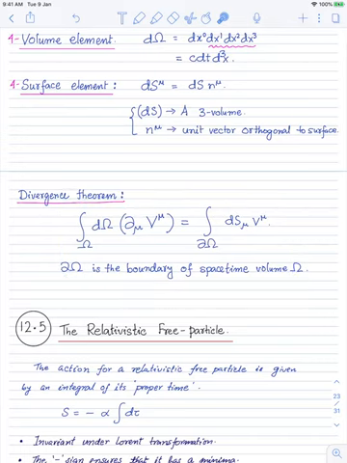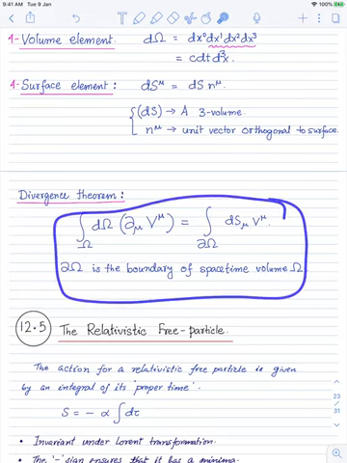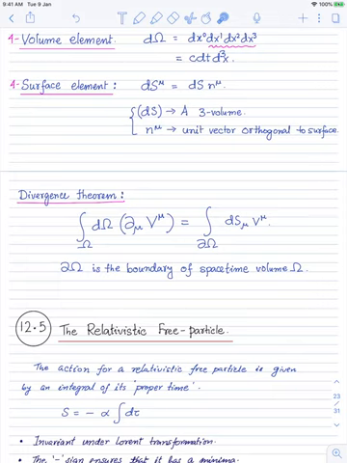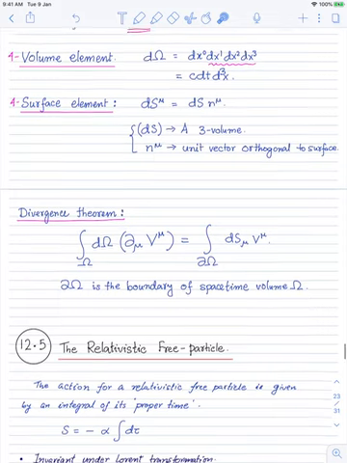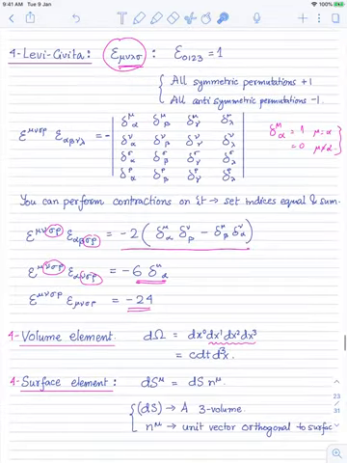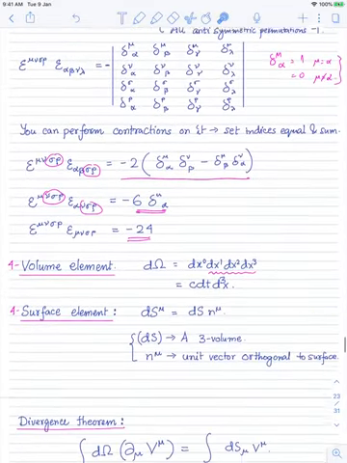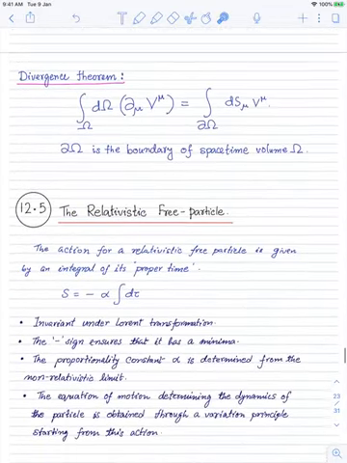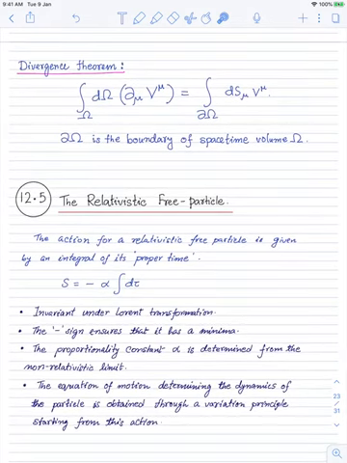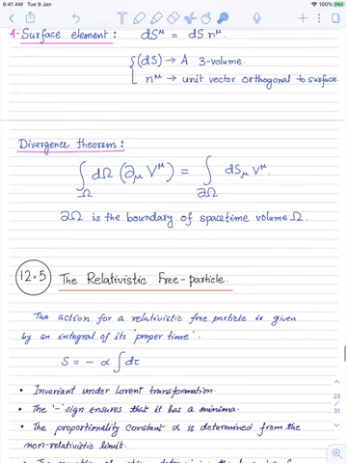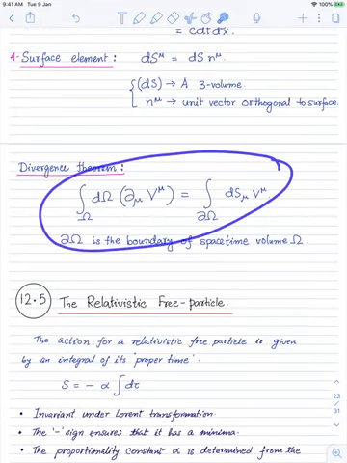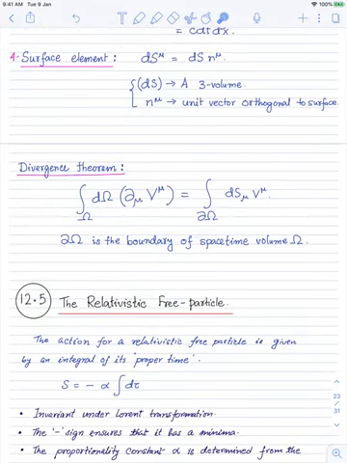This is enough, at least for the purpose of this course. If we require anything more than this, I'll tell you about it when we require it.